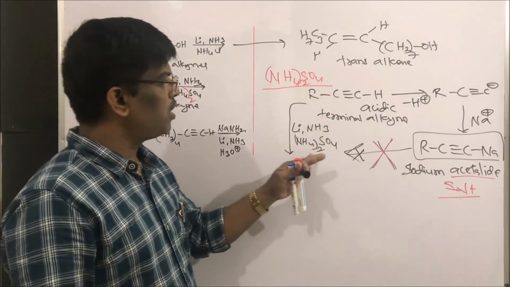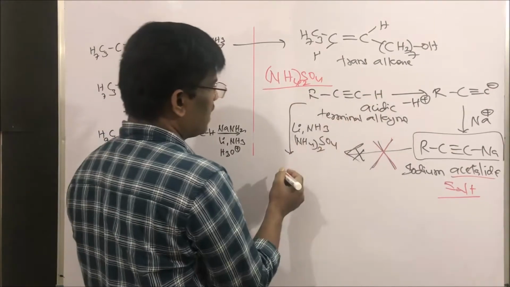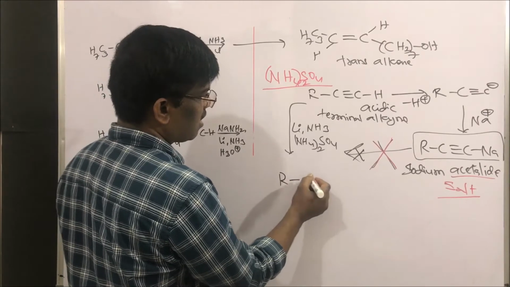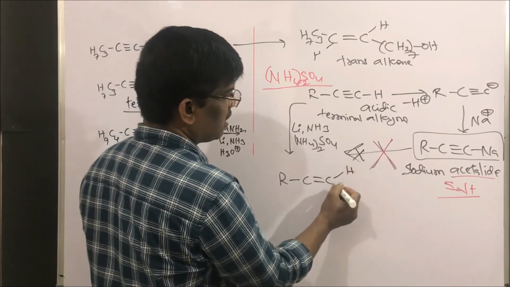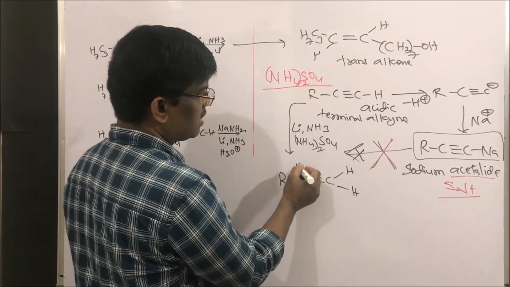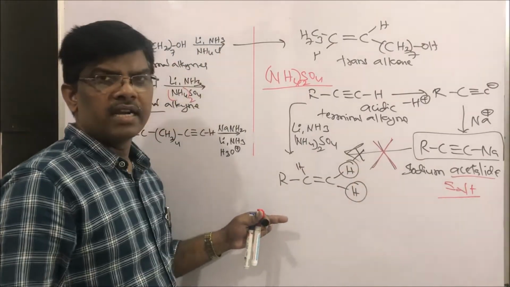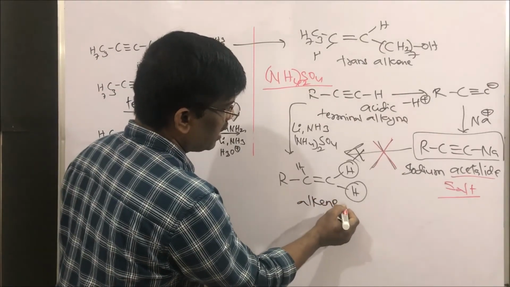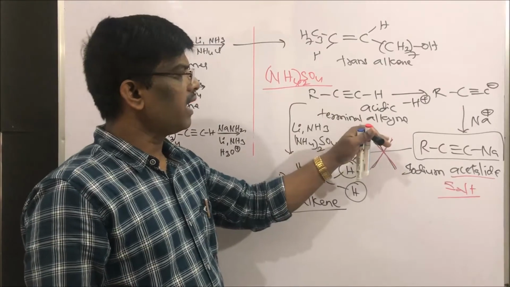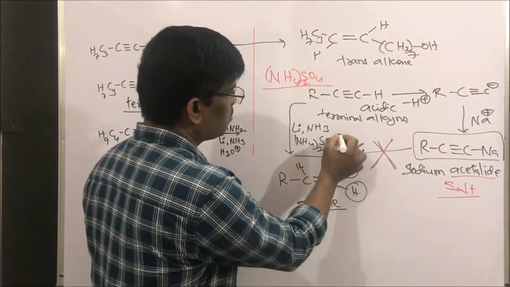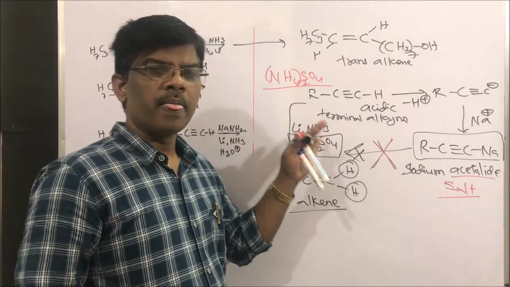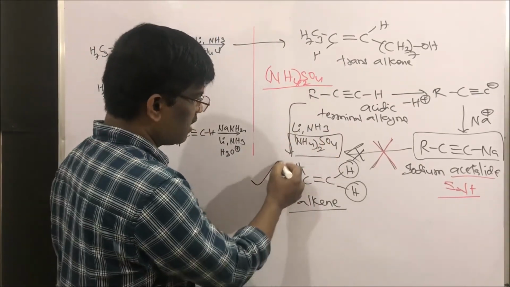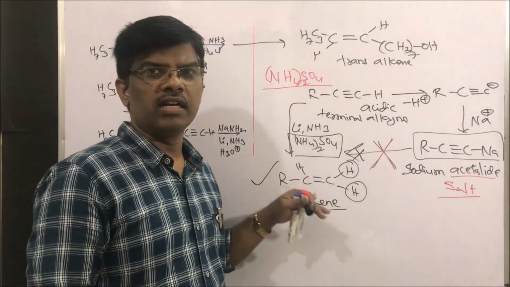If I use ammonium sulfate, it reacts with this alkyne to give the alkene. There is no question of cis-trans isomerism, since these two groups are the same, but it is also reduced to the alkene. So if we add ammonium sulfate, terminal alkynes also give alkenes. It is a very important concept, students.